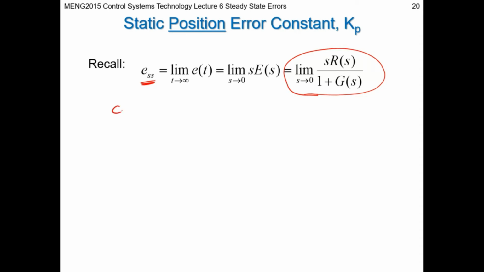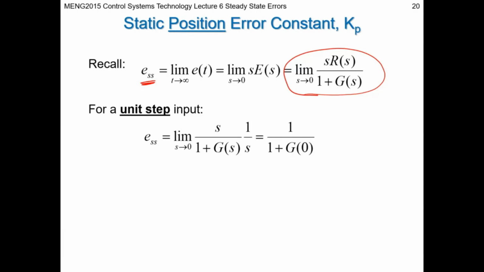And then you remember what we said, that our output is equal to 1 minus our final error, assuming our input is 1. If it's a unit input, that's true. So that's how we calculate our steady state error.